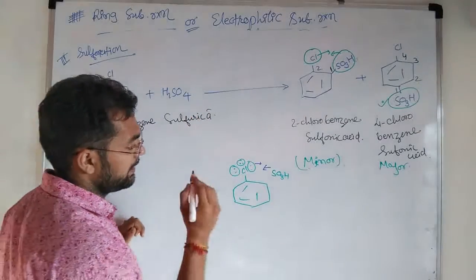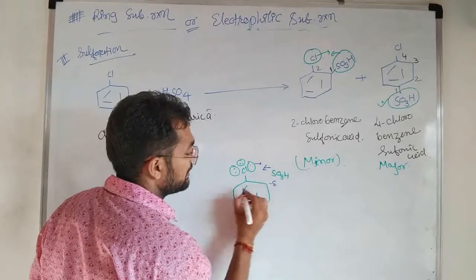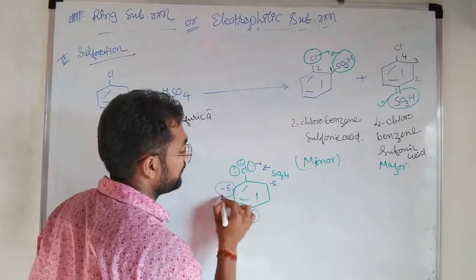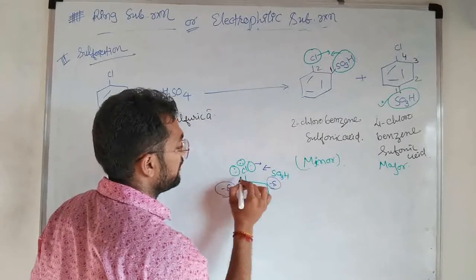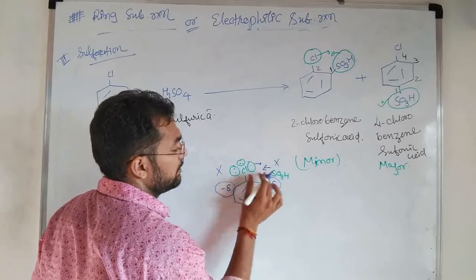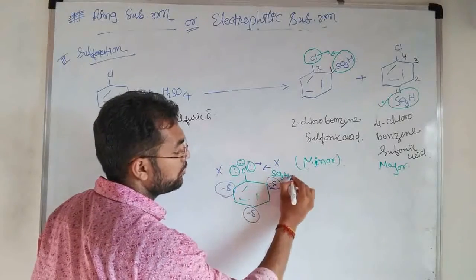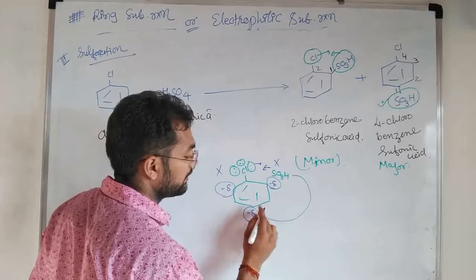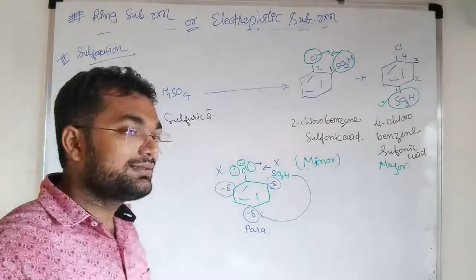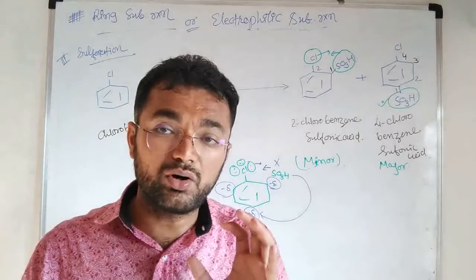The density is more on both sides, so both ortho sides are inhibited due to repulsion, and SO3H prefers the para position. In this para position, symmetry also favors.